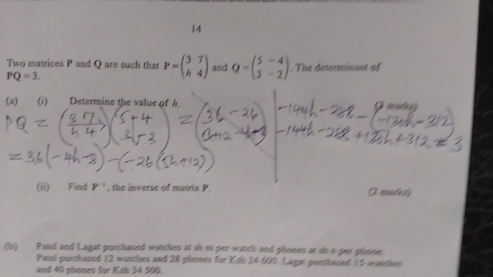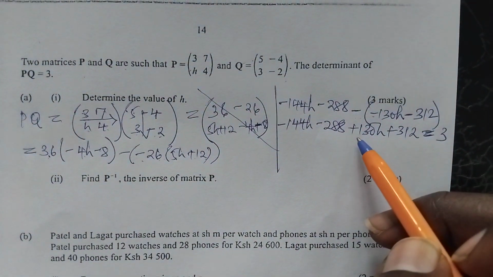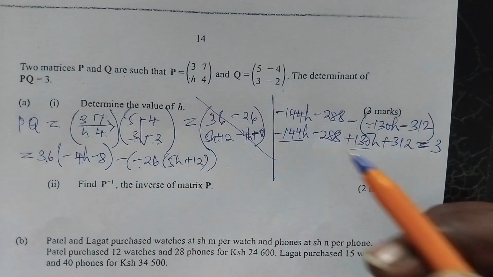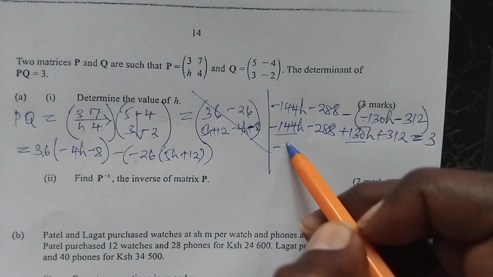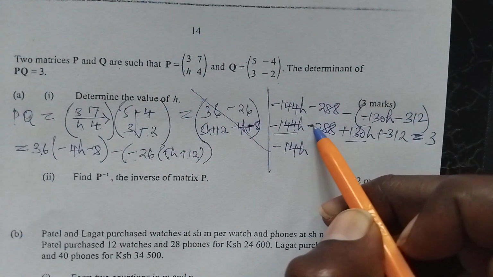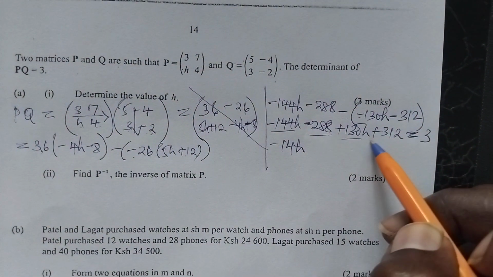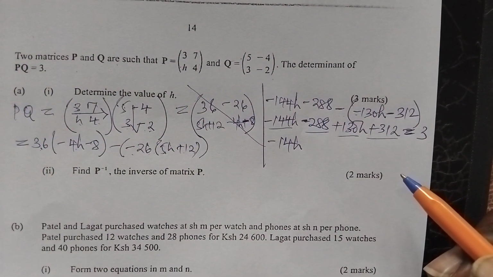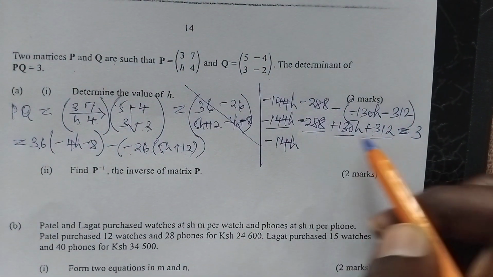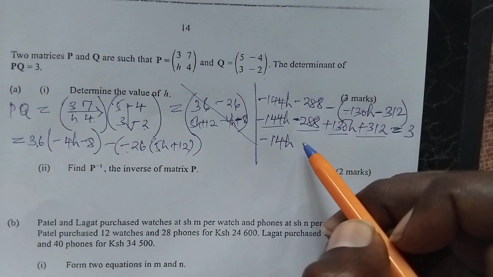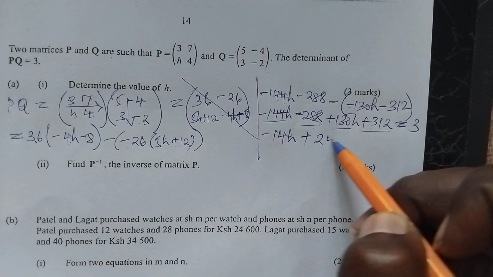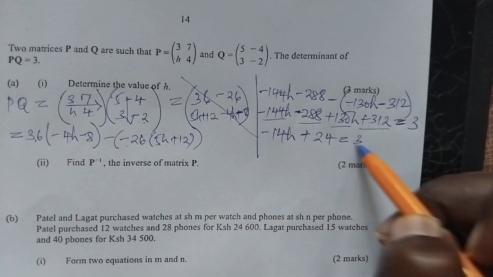Now collect the like terms. So we have positive 130H and negative 144H, we get negative 14H, negative 288, then you have 312. When we add the two, we shall get positive 24, equals 3.